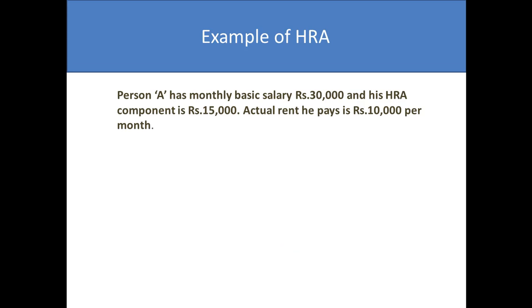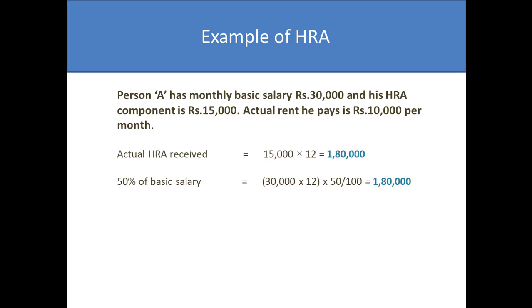So let's take an example for the first case. Suppose person A has monthly basic salary Rs 30,000 and his HRA component is Rs 15,000 per month. Actual rent he pays is Rs 10,000 per month. Now, actual HRA received is equal to 15,000 into 12 months is equal to 1,80,000.